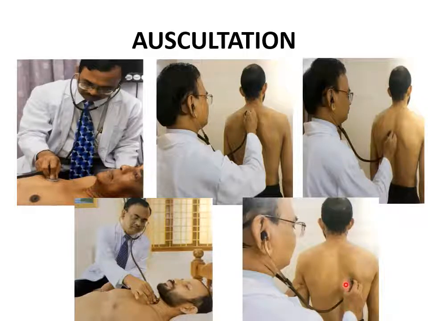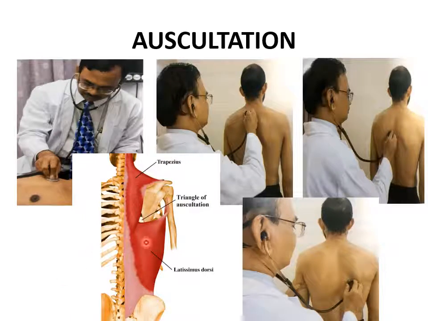Here actually the triangle of auscultation is present where we get to hear the best breath sounds. Okay, so the triangle of auscultation is this, which is medially bound by the trapezius, then inferiorly by the latissimus dorsi muscle, and then laterally by the scapula.